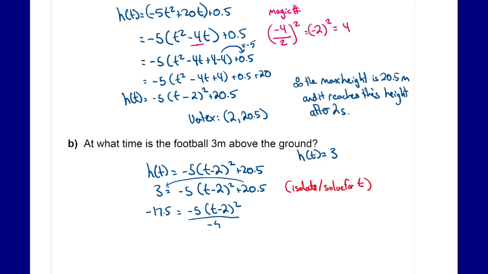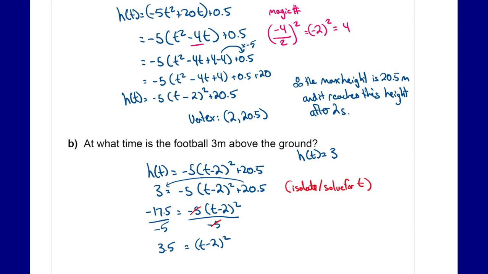Divide both sides by -5. One side will cancel out. I get 3.5 = (t - 2)².